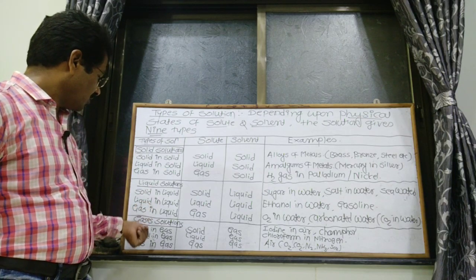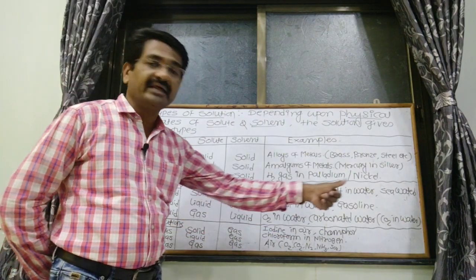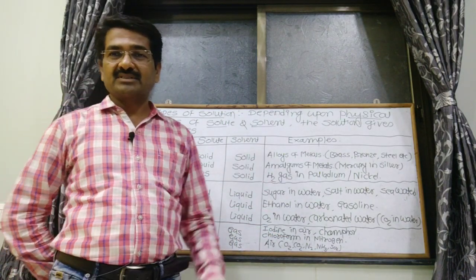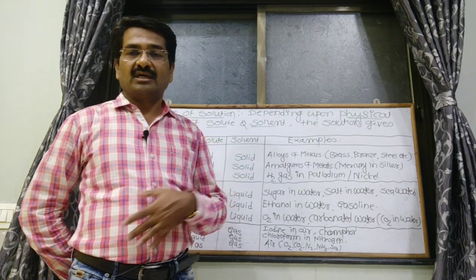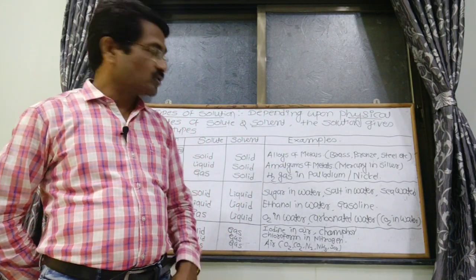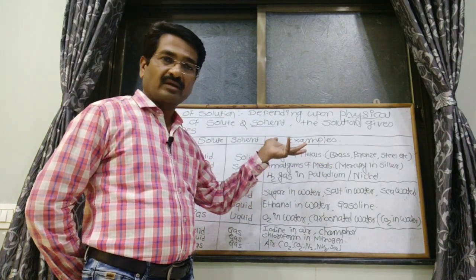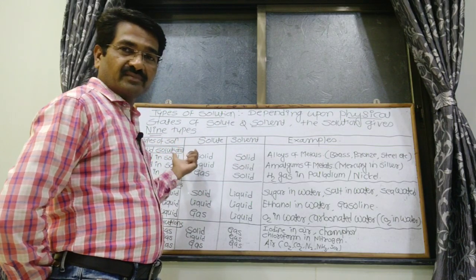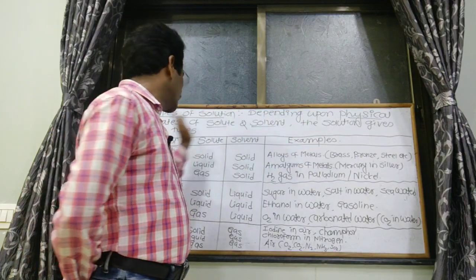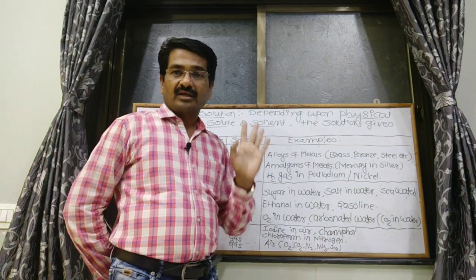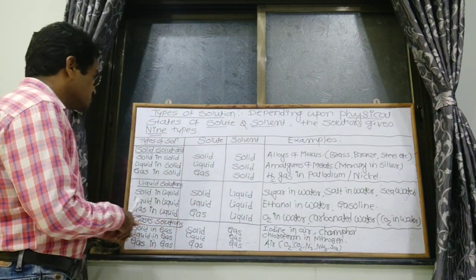A liquid in gas example is chloroform in nitrogen, where a smaller proportion of chloroform is dissolved in nitrogen. Likewise, such questions can be asked. So prepare both ways. If the solution type is asked, give the example, or if an example is asked, give the solution type. All these questions can be arranged this way. These are the types of solution.